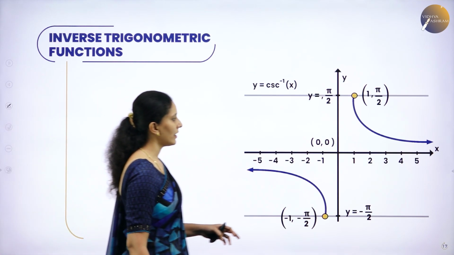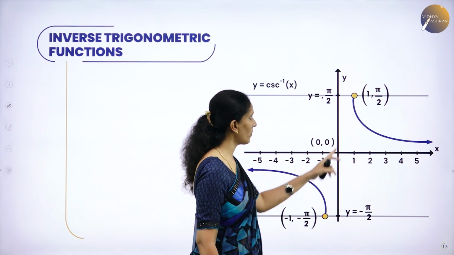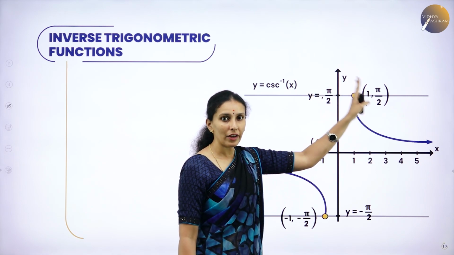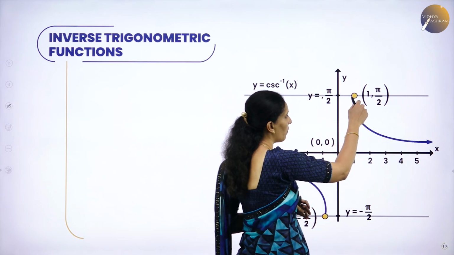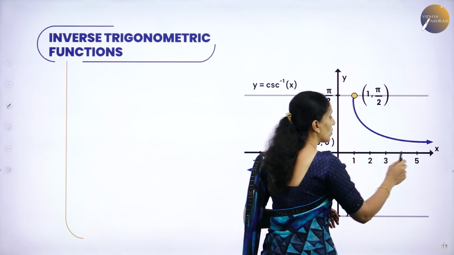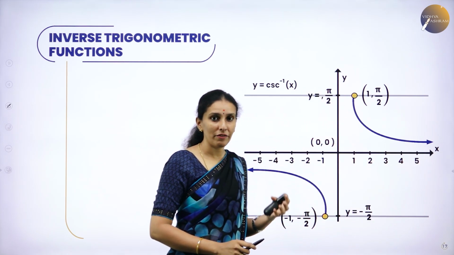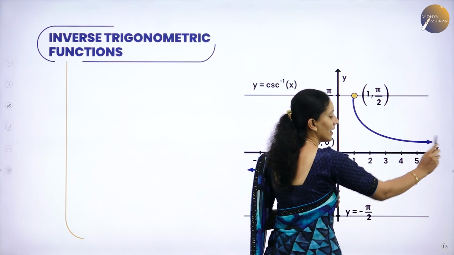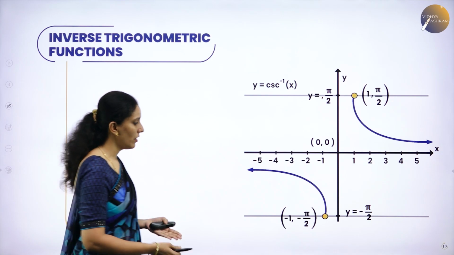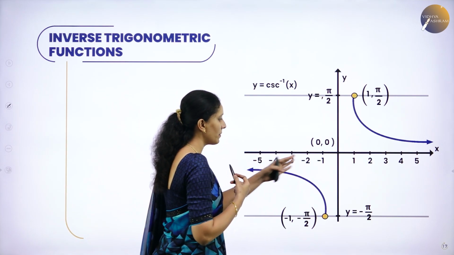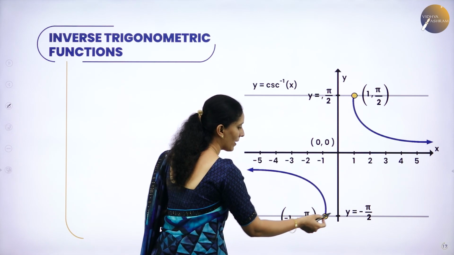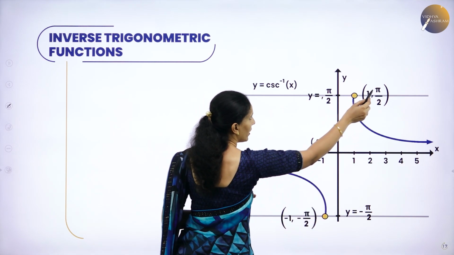So if this is +1 and -1, the cosecant inverse can take values after 1. For x after 1, like 2, 3, the graph of the function goes like this, because for cosecant 0 the value is infinite. Hence it moves towards infinity. Similarly, it can take values less than -1, so the graph starts from here. For -1 it is -pi by 2 and for +1 it is pi by 2.